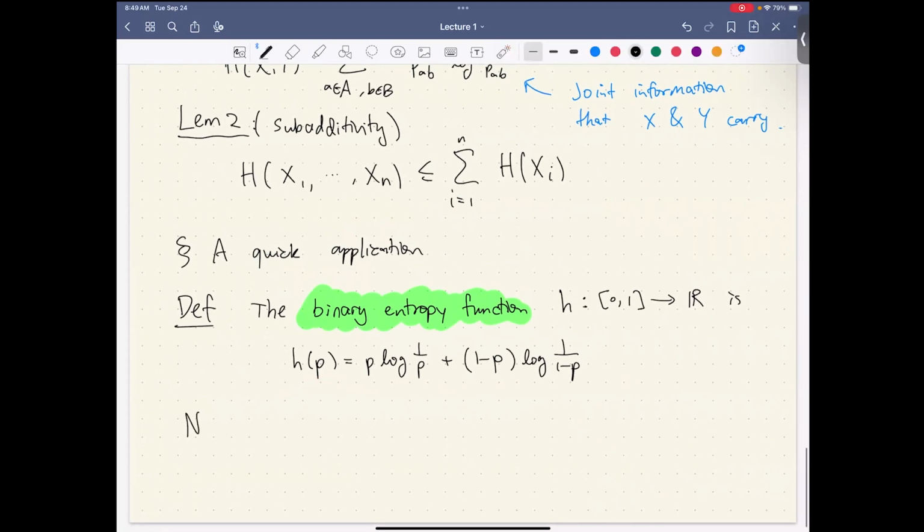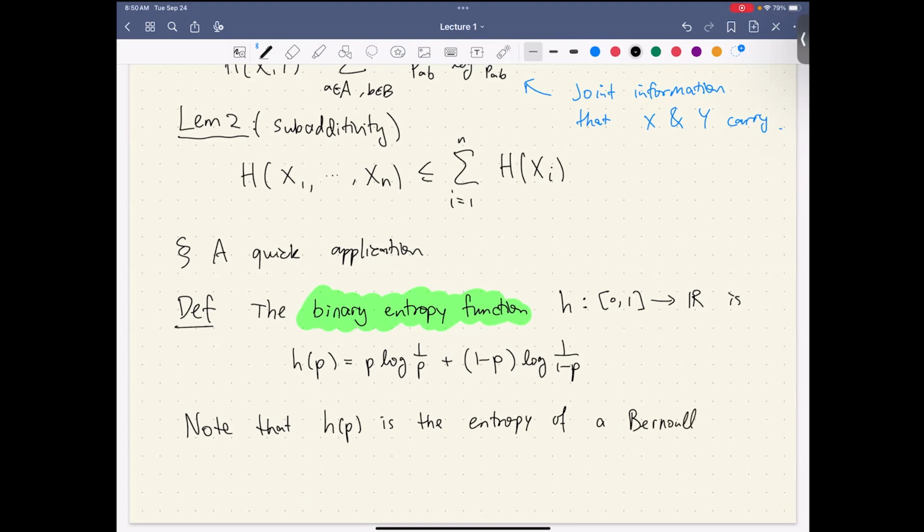So note that little h(p) is the entropy of a Bernoulli random variable with probability p.